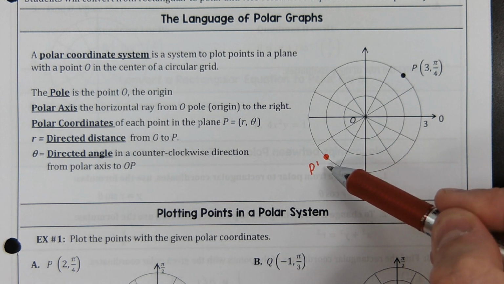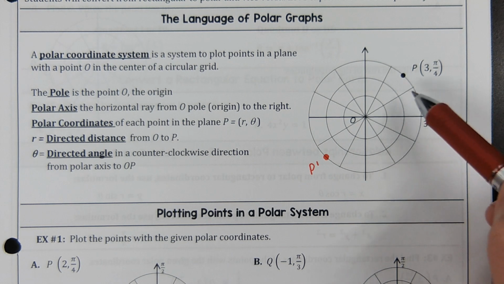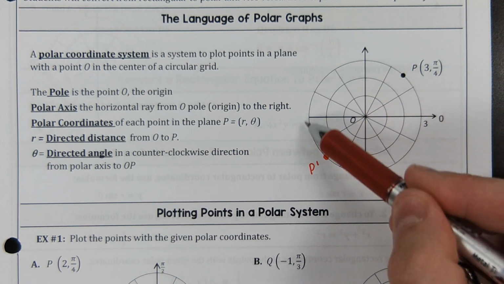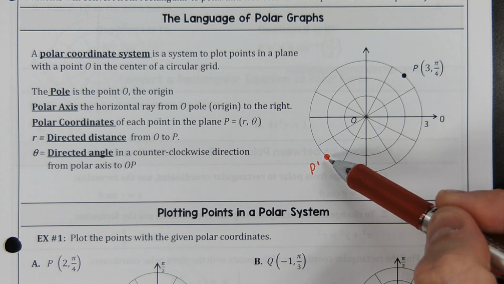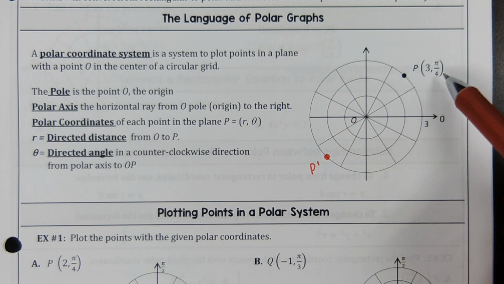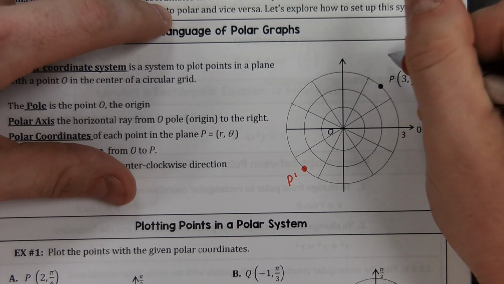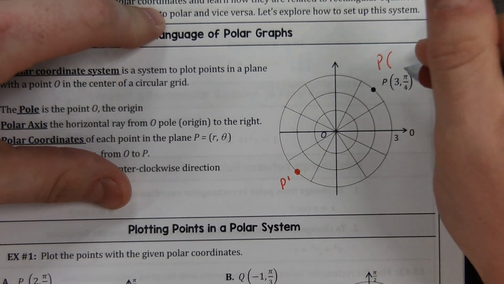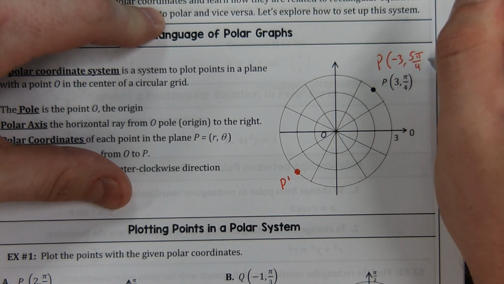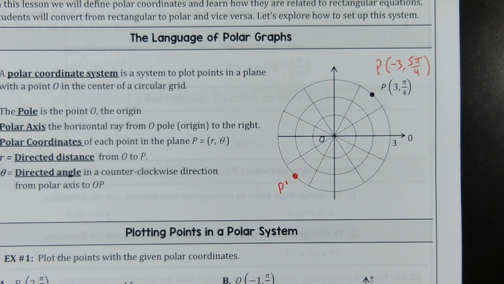For example, if this is pi over 4, this is 5 pi over 4, correct? Another way of writing the coordinate 3 comma pi over 4 is negative 3 comma 5 pi over 4.